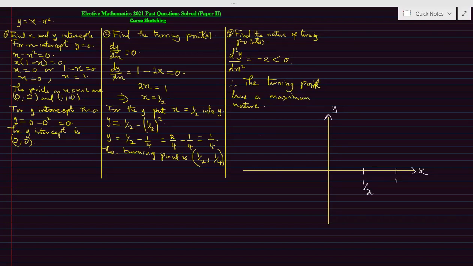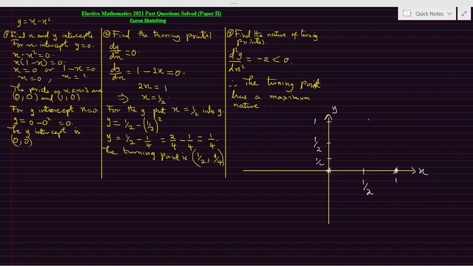Now on the y-axis, I have 0, and 1/4. X-axis here, can have it here.